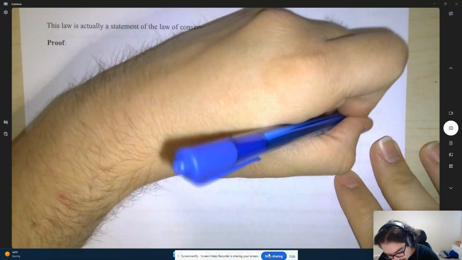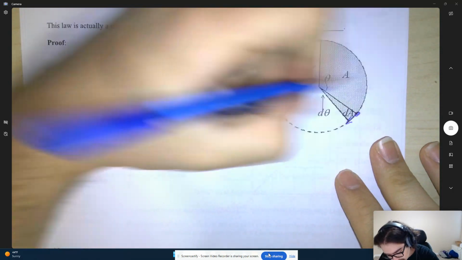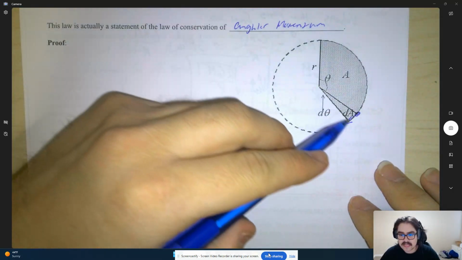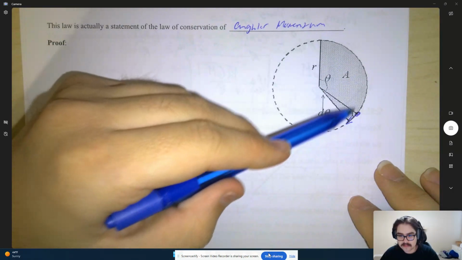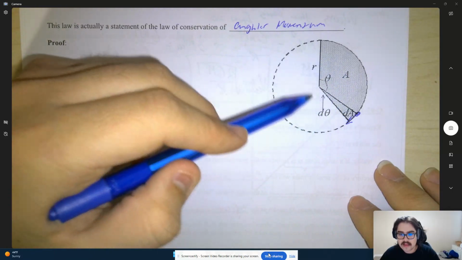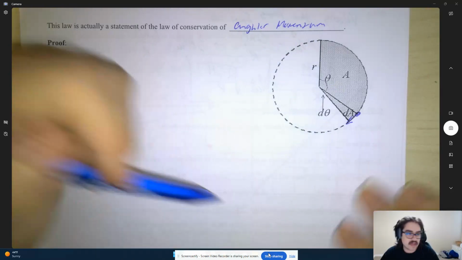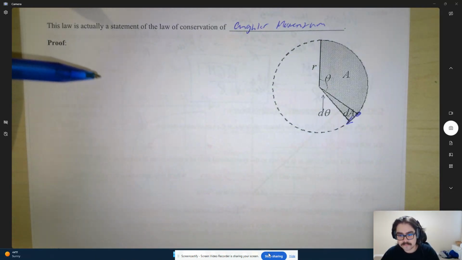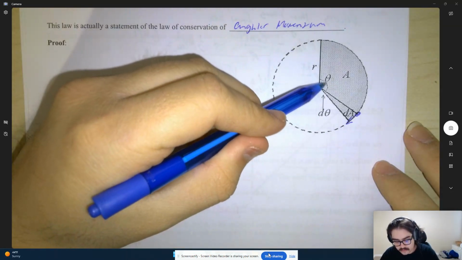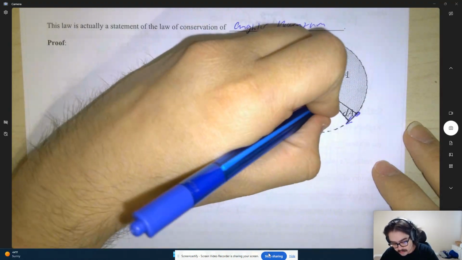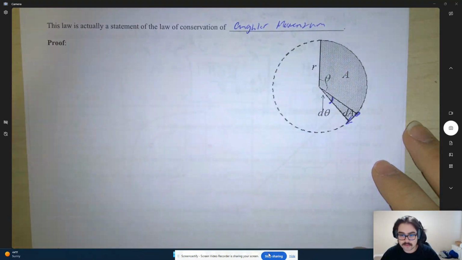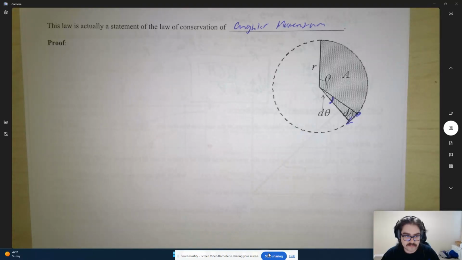As it goes from here to here, it sweeps out some area dA. So this is the amount of area that's already been swept out, and the amount of area A that's been swept out is changing by dA every so often. In addition, this is the angle that we've already swept through, and we're increasing the angle by an amount d theta every so often.